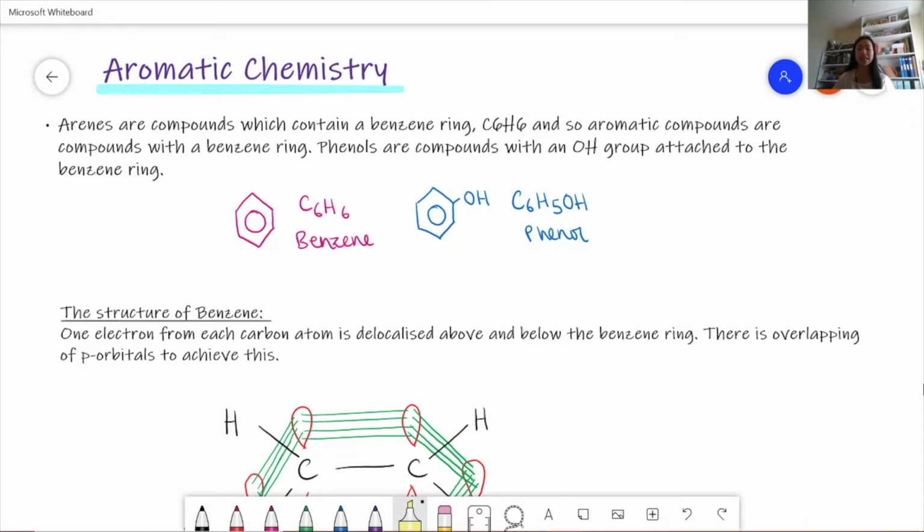Benzene is C6H6. What it actually looks like is we have 6 carbons, 1, 2, 3, 4, 5, 6, and then they're all attached to one hydrogen each. And they're all single bonds. So this will be the displayed formula of benzene.